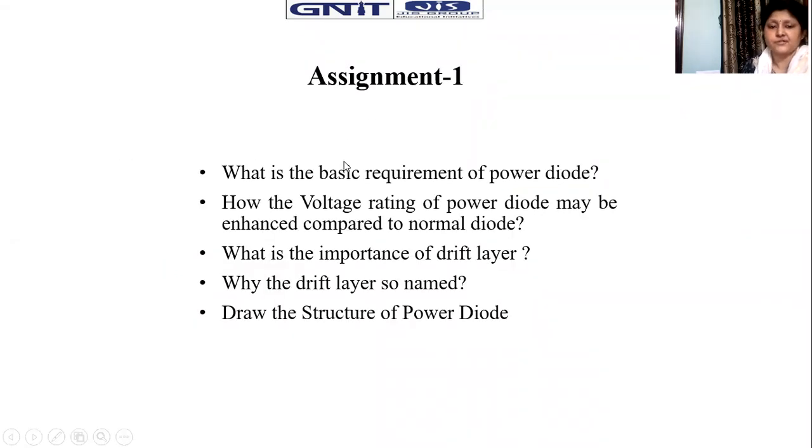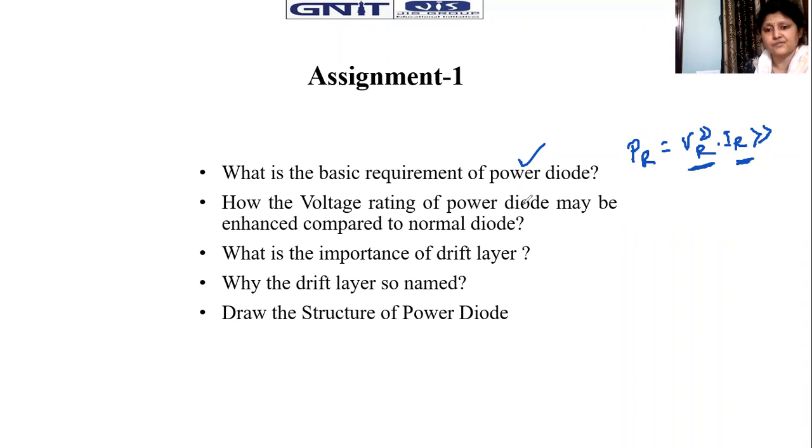Now, what are the important questions that may come from this part? Number one, what are the basic requirements of a power diode? You have to ensure that the power rating should be high, that means the voltage rating should be high as well as the current rating. That is the basic requirement of a power diode.